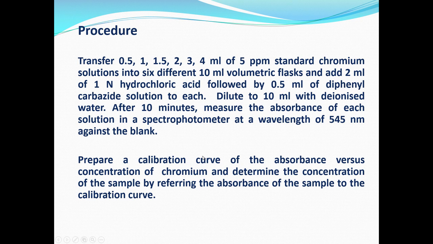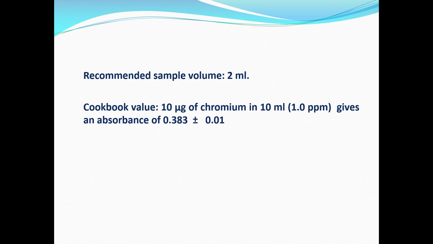Then you can prepare a calibration curve followed by all other parameters that we normally look at. The recommended sample volume is 2 ml. A cookbook value of about 10 microgram of chromium in 10 ml should give you an absorbance of about 0.383 plus or minus 0.01. Very reliable method and very celebrated method.